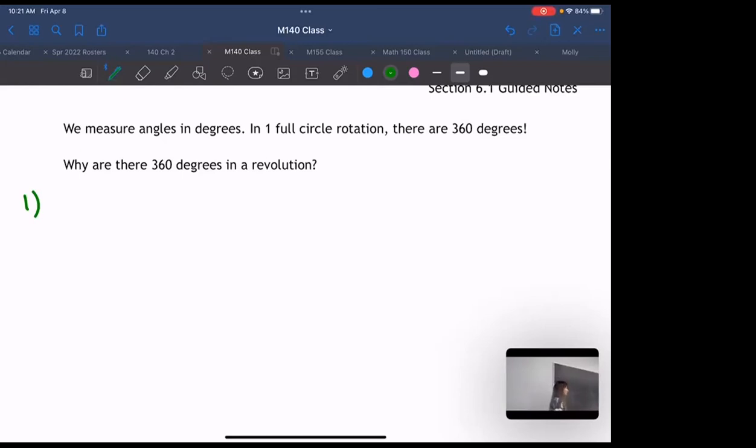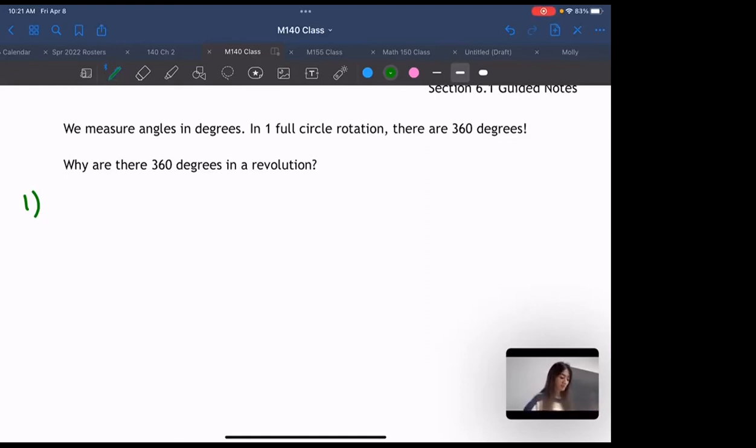We have $10 bills, $100 bills, pennies that go from 0 to 100, right? So we use what's called a base 10 number system. Things are multiples and powers of 10. Okay, Babylonians used base 60, not because they had 60 fingers or anything, but because 60 and 360 is a pretty good number to work with.